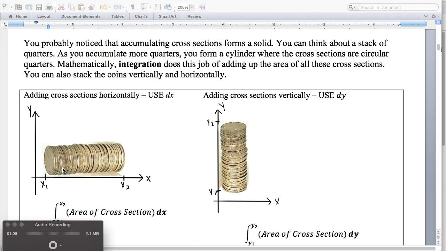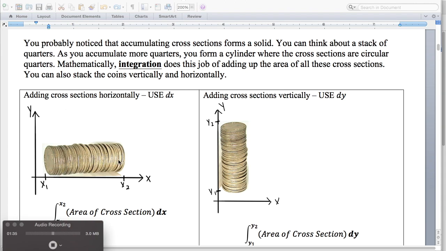The dimes represent the cross sections of the cylinder. What you do is stack up the area of each of these cross sections, and they themselves form a solid, in this case a cylinder. So we're taking a bunch of areas, adding them up, and that in turn gives us the volume.